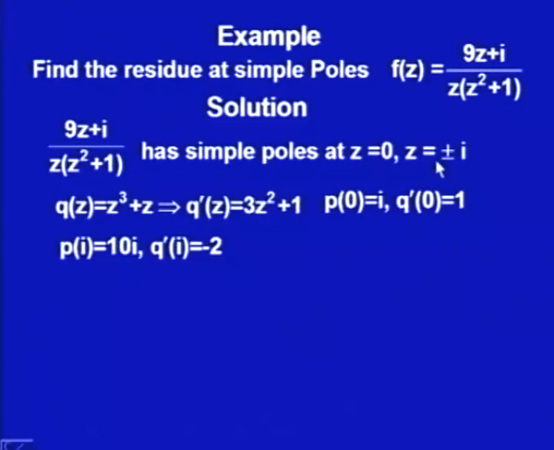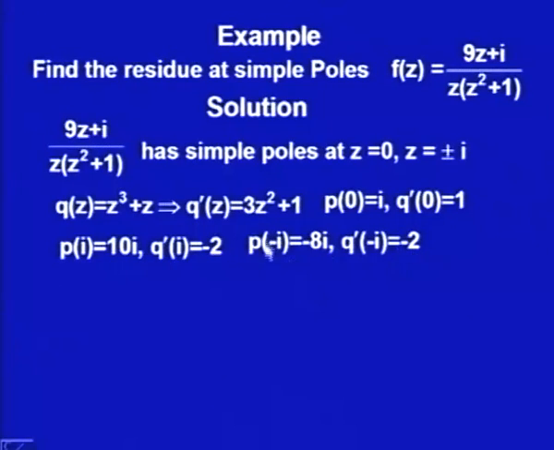Similarly at z equal to i, what I would get, p(i), that is 9i plus i, that is 10i, and q'(i) would be 3i squared plus 1, that is minus 3 plus 1, that is minus 2. Similarly, if I just go for minus i, I would get p(minus i) as minus 8i and q'(minus i) is minus 2.